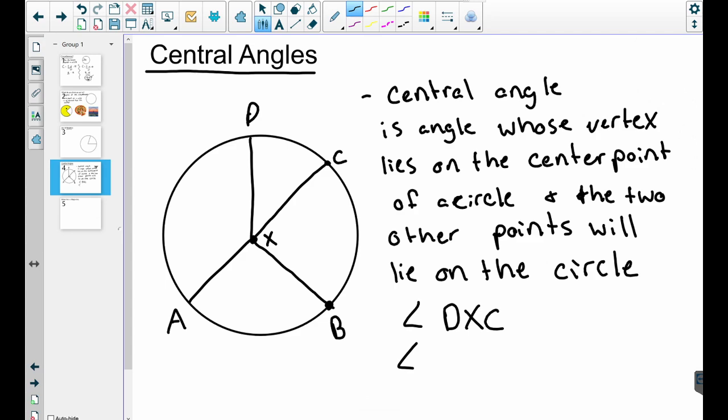One central angle could be BXC. Another one could be AXB. And I think you're getting the point here. So any angle that has line segments that hit the circle and meet at that center point vertex would be a central angle.